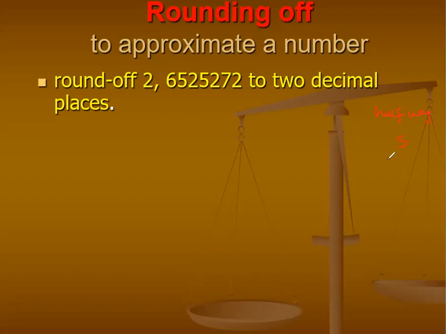If a number is less than 5, you round down, and if a number is greater than or equal to 5, you round up. Let me show you what I mean by that.